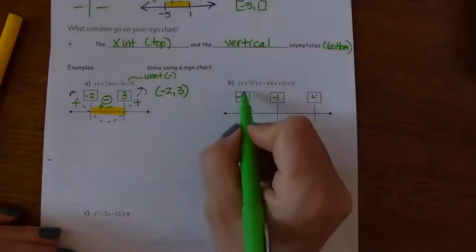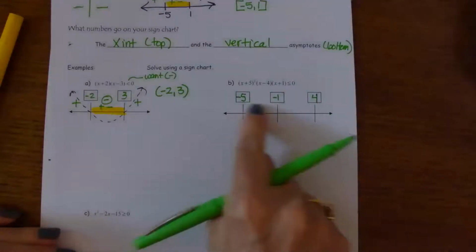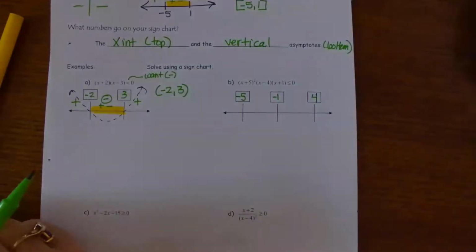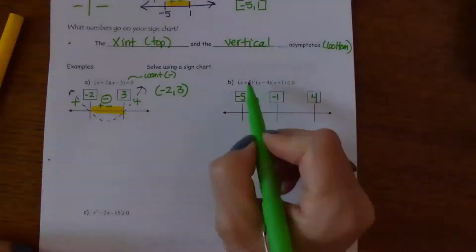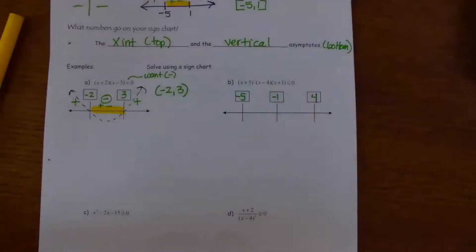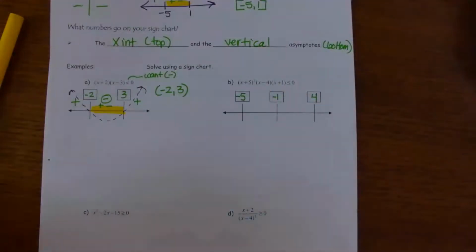Okay, so I'm going to have a -5, a -1, and a 4. And these must go in number line order. Now, here I have a negative and a positive, so that's my favorite one to choose because I could plug in 0, right? So if we plug in 0, well, this one I don't have to worry about, and I want you to think about something. When you see x plus 5 squared, when you see a factor squared, what does that tell you about the factor?